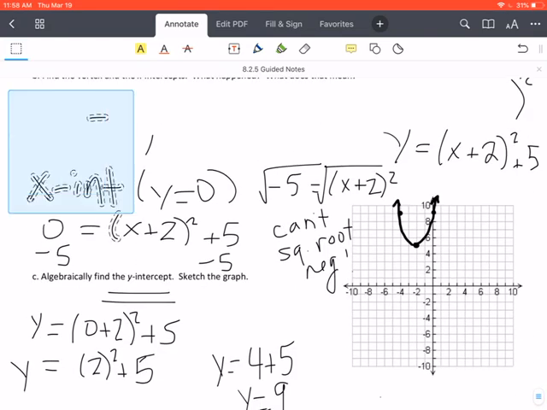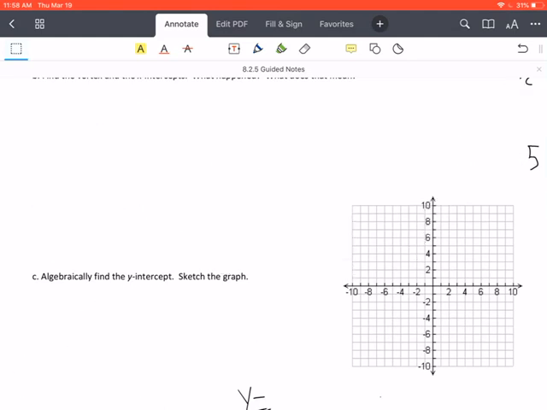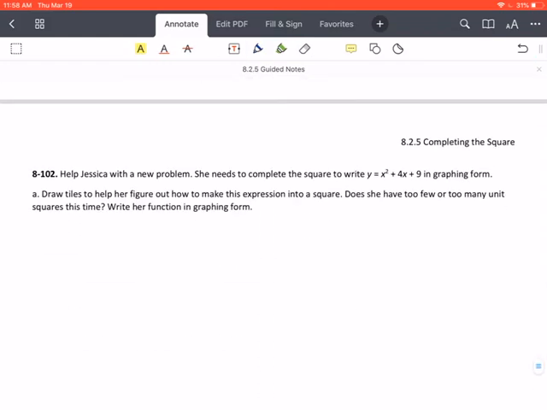Highlight, delete. And we'll just do some erasing from this point on. Okay. One final problem of the day. So I'm going to scroll back up. Whoops, undo. Here we go.